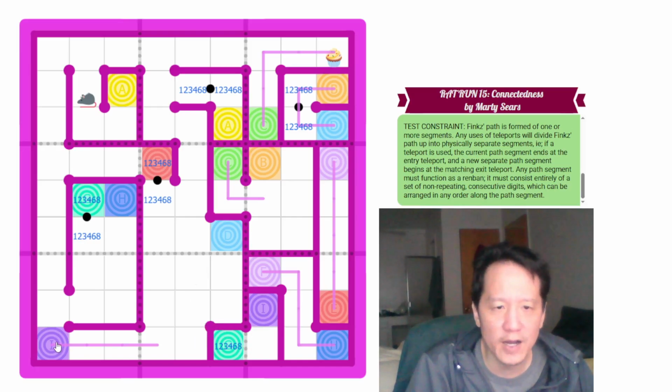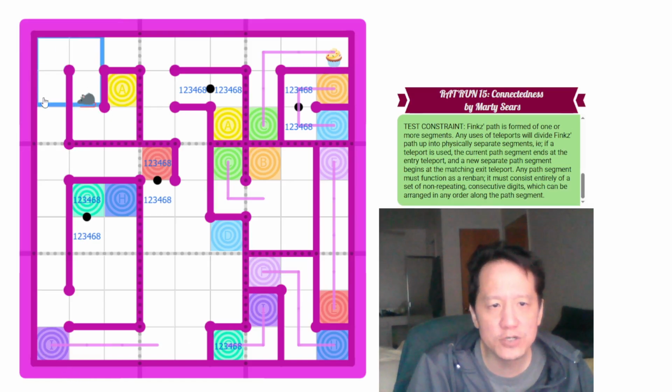Well, from I, you can either go straight from H, or you could go H to G and G to I. No, you have to go G to I, because if you go H to I, it will teleport her there, which is not allowed. So this has to go some way to G. G has to go to I. And then you exit out from I, right?